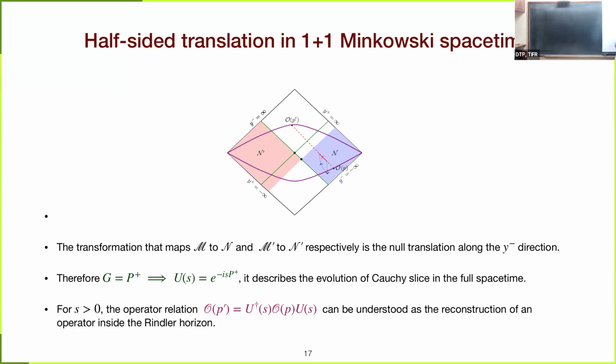If I was just using information from the left and right Rindler versions, then it's actually magic that you're able to get something inside. What they emphasize is that for solving this problem, at least for generalized free field, you don't need to mention what is N. You just need to mention what is M, and you satisfy certain conditions. Those are 5 conditions they satisfy. You just solve for those 5 conditions, and that will give you the operator that is inside the Rindler horizon. That is the thing they emphasize.